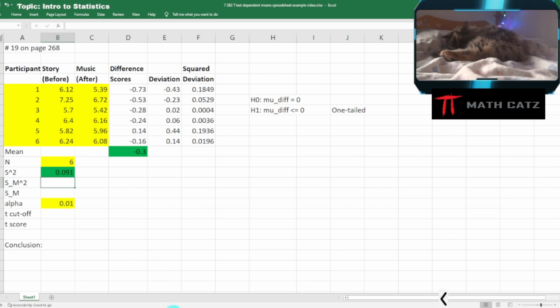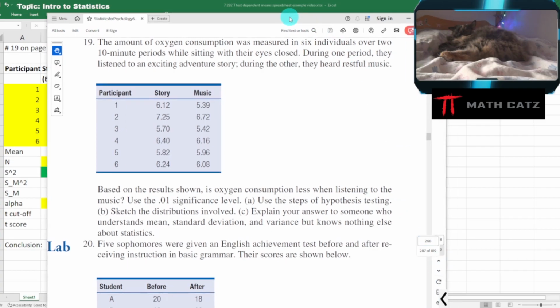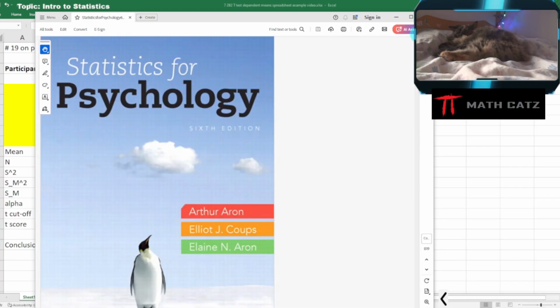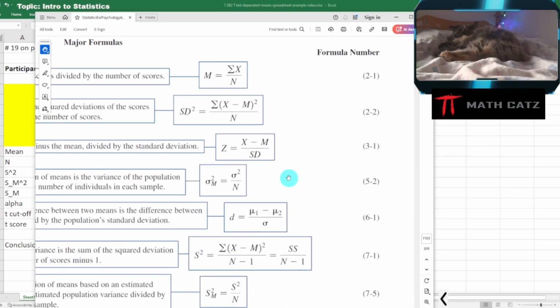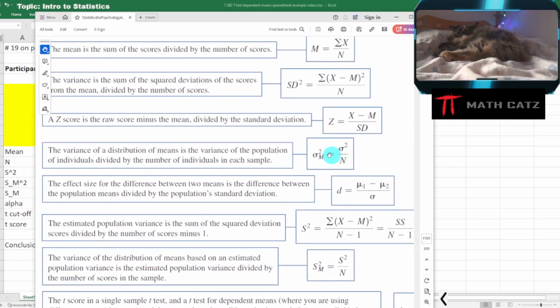So let's reference the formula here. Let's go to the very top. Where do I go to the top here? I want to go to the formula sheet. Let's go to the very start, just so I can show what I'm thinking of. Here we have the variance of a distribution of means is the variance of the population of individuals, in this case, individual difference scores, divided by the number of individuals in each sample.